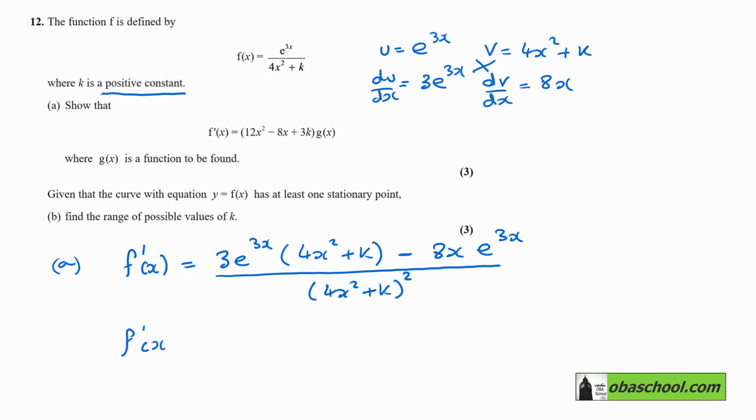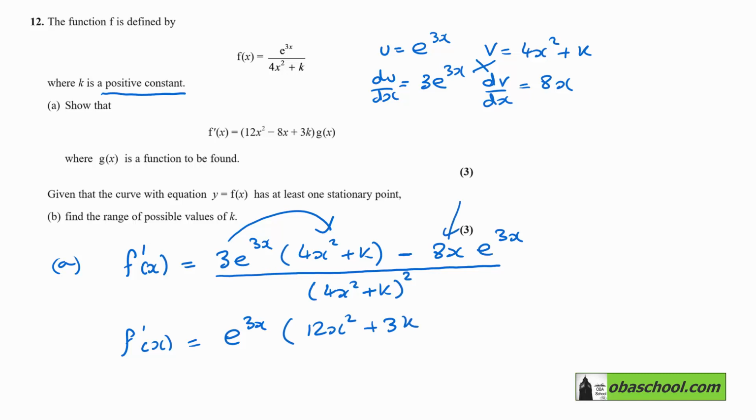So f dashed x is going to be, let's take out the e to the 3x. What do we have if we do that? That is going to give me 3 times this bracket, so that is going to be 12x squared plus 3k.